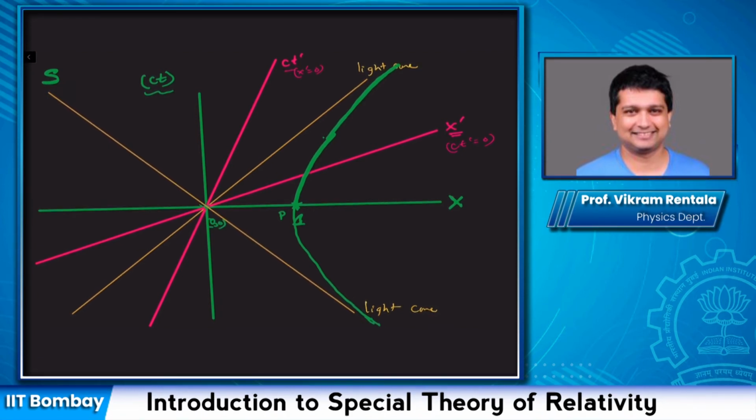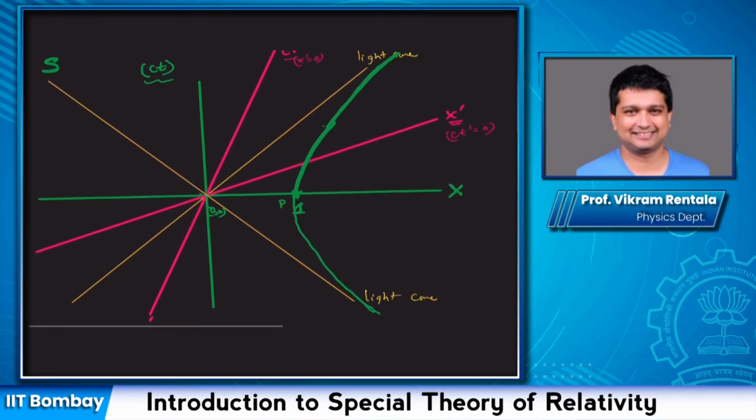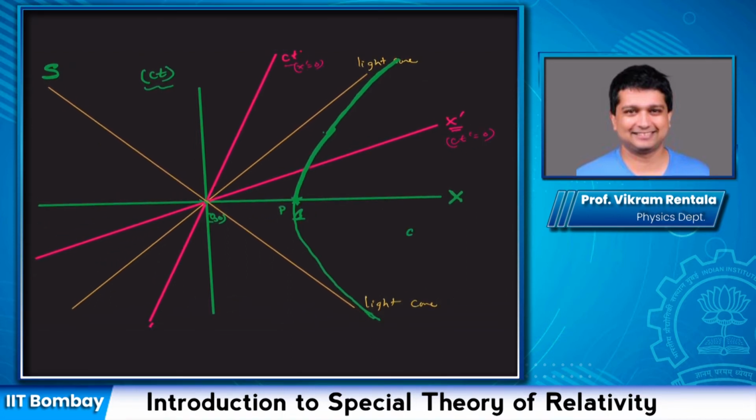So all these points, as described by observer 1, that is observer S, have ct squared minus x squared equal to 1. But this space-time interval is the same for all inertial observers, so this is also the same as ct prime squared minus x prime squared.